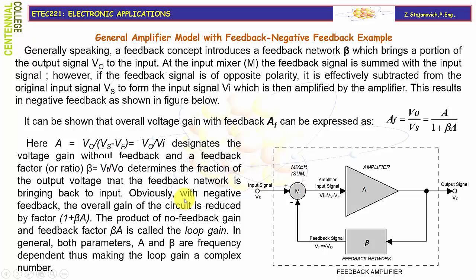Obviously, with negative feedback, the overall gain of the circuit is reduced by a factor of 1 plus beta A, as can be seen from this general expression.